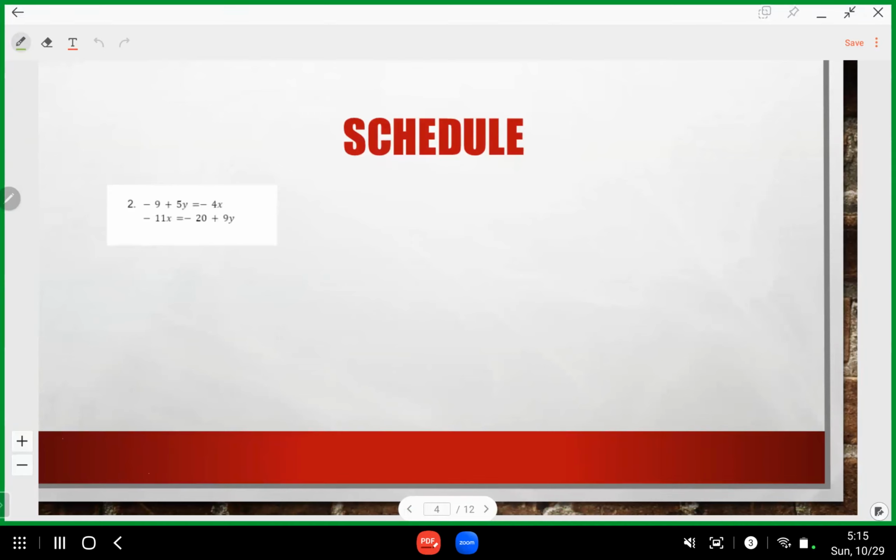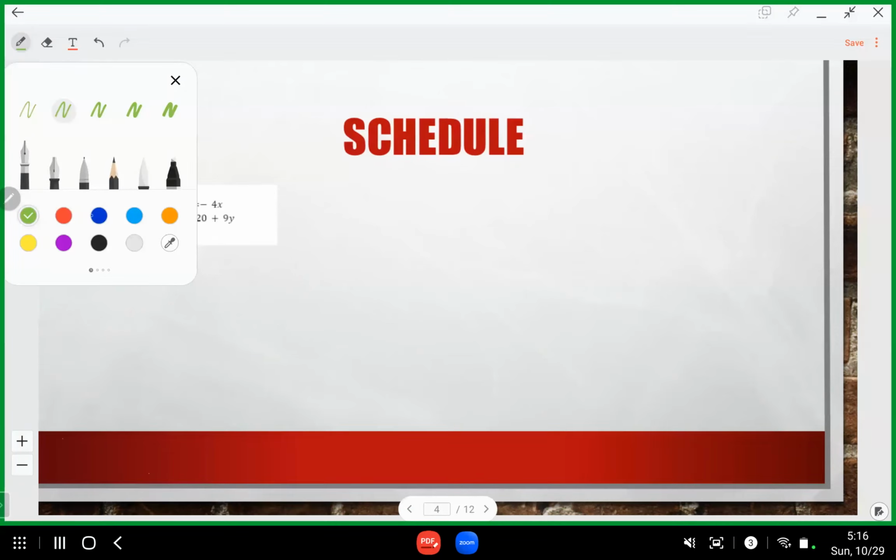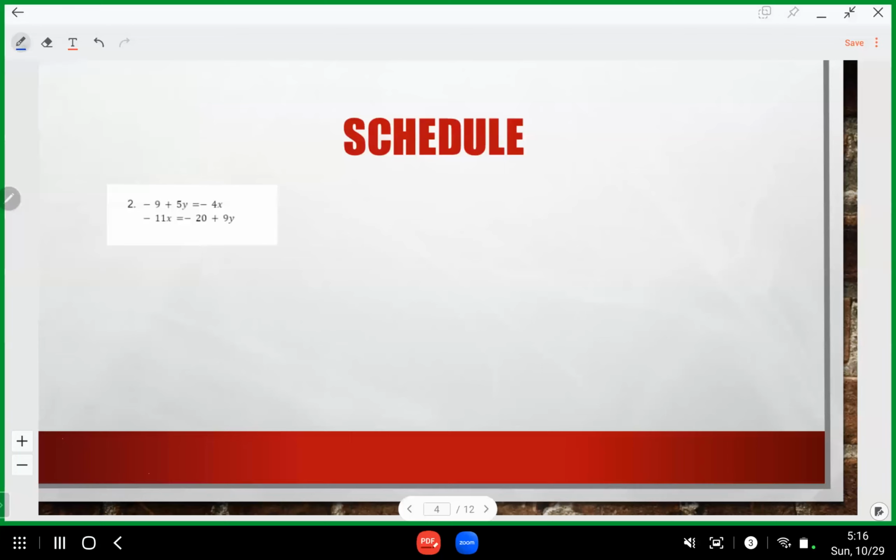I chose to multiply the top by 11 and the bottom by -4. So I got -99 plus 55y is equal to -44x. And then 44x equals 80 minus 36y.